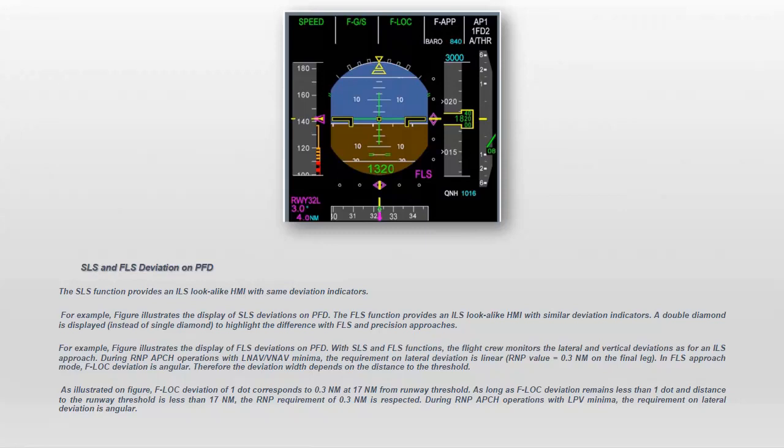During RNP approach operations with LNAV, VNAV minima, the requirement on lateral deviation is linear, RNP value equals 0.3 nautical miles on the final leg. In FLS approach mode, FLS localizer deviation is angular. Therefore the deviation width depends on the distance to the threshold.